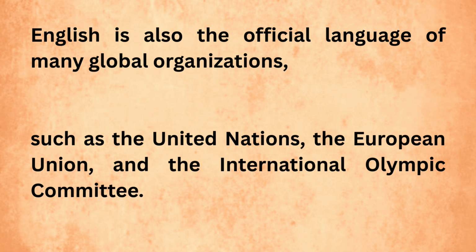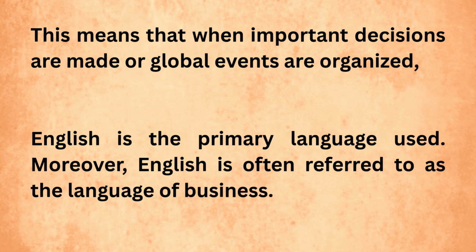English is also the official language of many global organizations, such as the United Nations, the European Union, and the International Olympic Committee. This means that when important decisions are made or global events are organized, English is the primary language used.